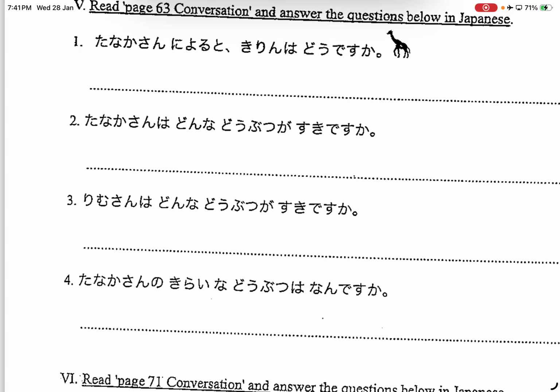So what kind of animal does he like? Then you tell me he dislikes. No. You look at the passage. Which one? What does he like? Which sentence ends with suki? Right? Because the question asks suki desu ka, so you need to find the word that says suki for Lim-san. Oh, he likes birds. Okay, so your answer?